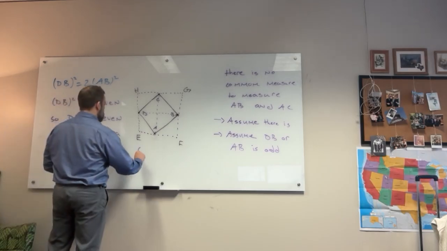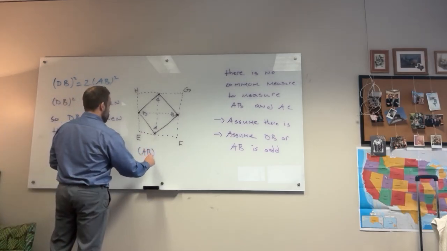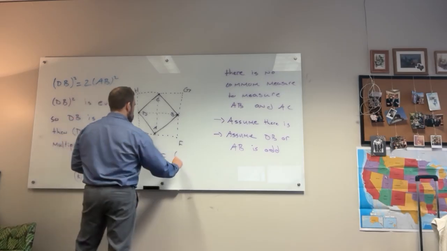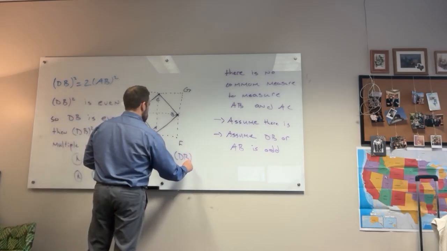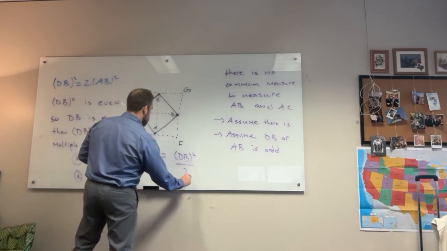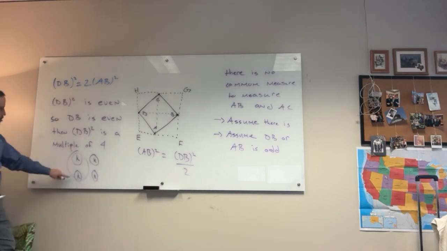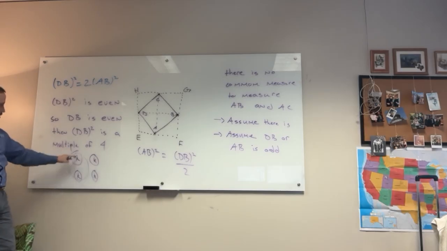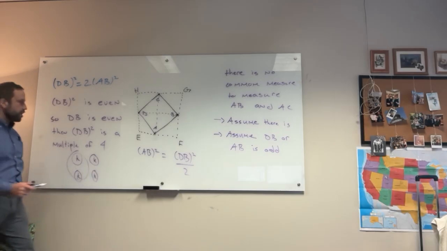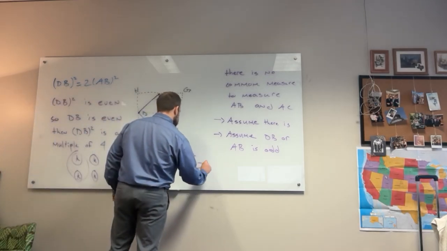Well, notice what this tells us is AB squared is equal to DB squared divided by 2. So just half of these collections. Let's say those 2 collections. Well, that's an even number, because we could just do the pairing thing here. So this is even.